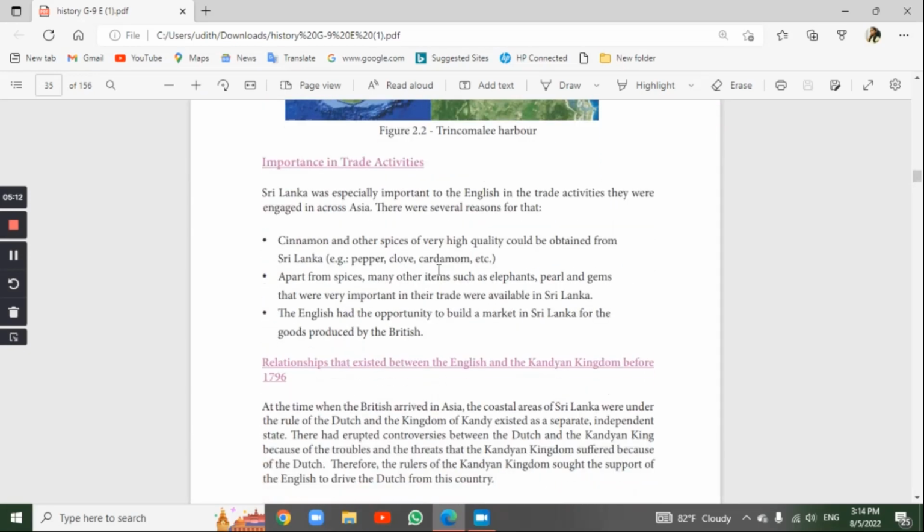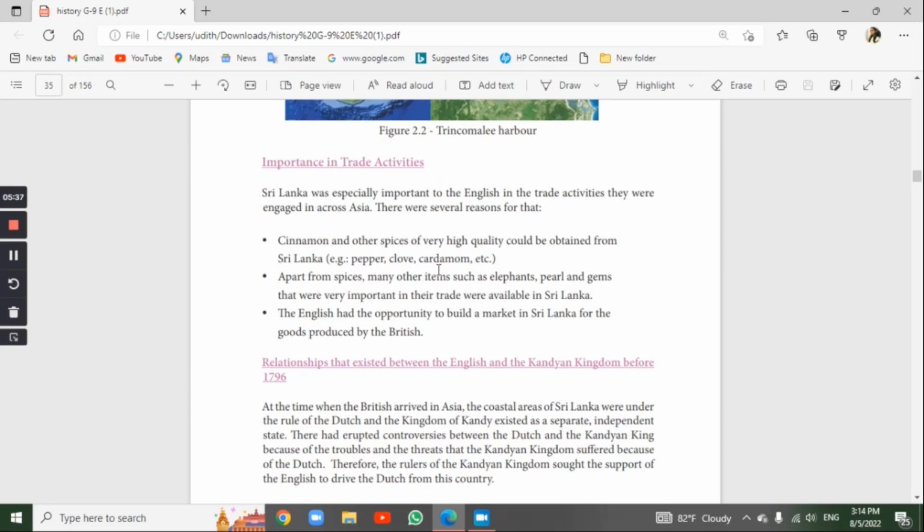The importance in trade activities. Sri Lanka's trade activities are important for three reasons. First, cinnamon, pepper, clove, cardamom and all of those spices can be obtained from Sri Lanka in very high quality. Second, the English can take things other than spices.